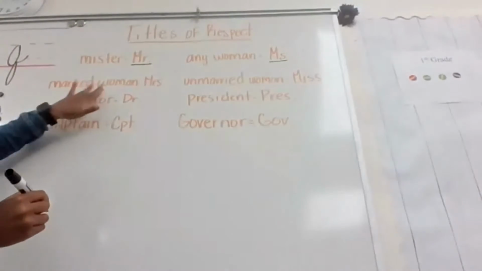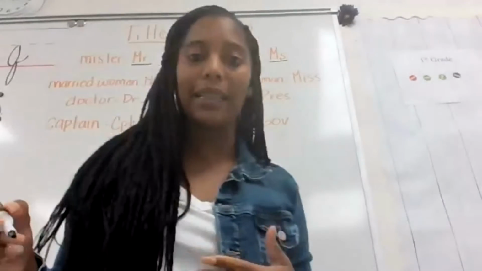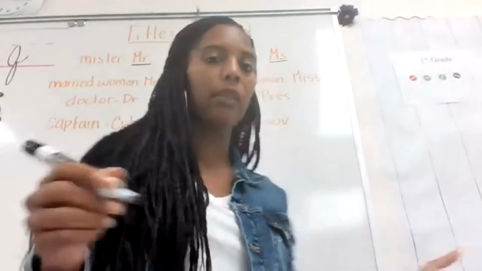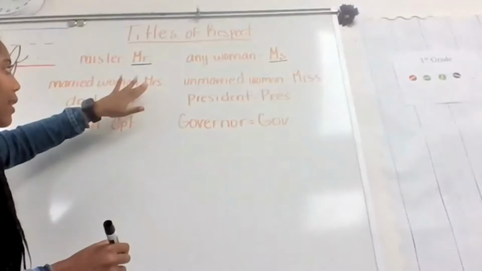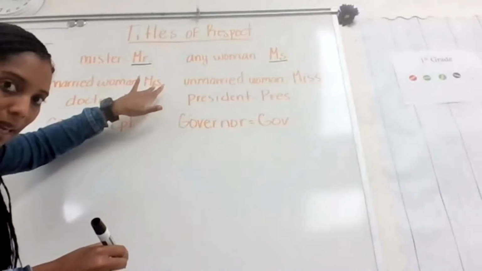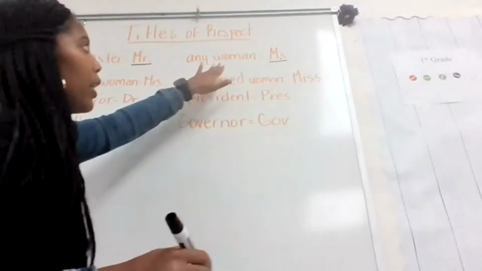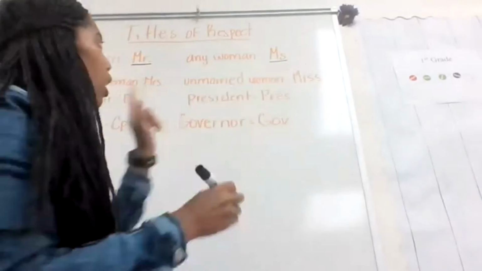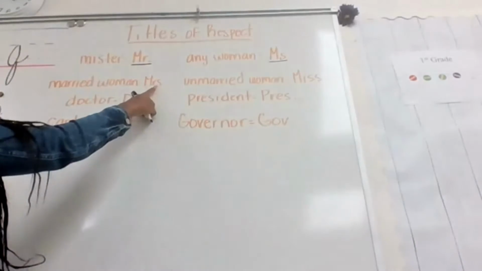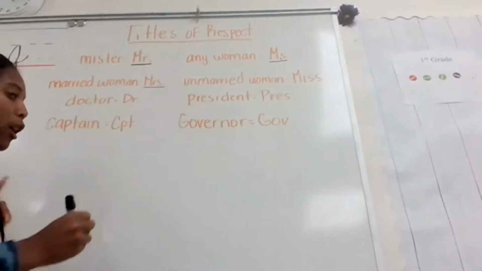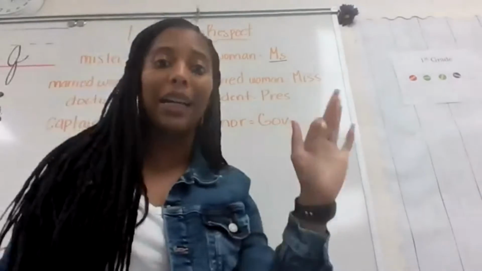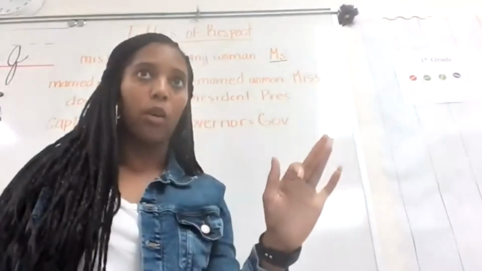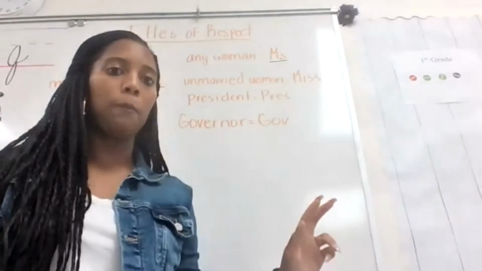Then we have a married woman. So if someone is married, meaning she has a husband, you would put Mrs., M-R-S dot. See the difference? Any woman is M-S. A woman that's married is M-R-S. So if she has a husband, you would put M-R-S dot. Okay, you see the difference between the two?